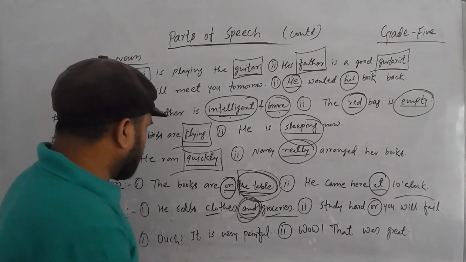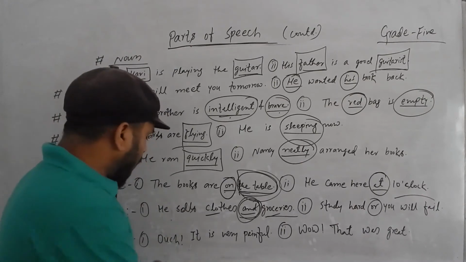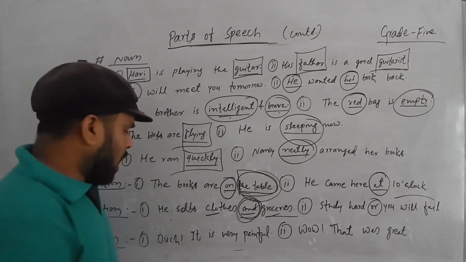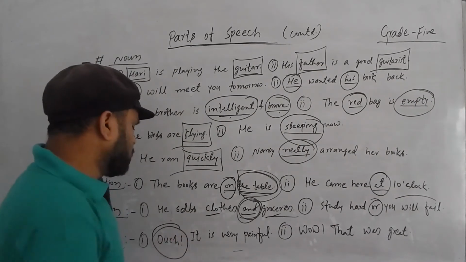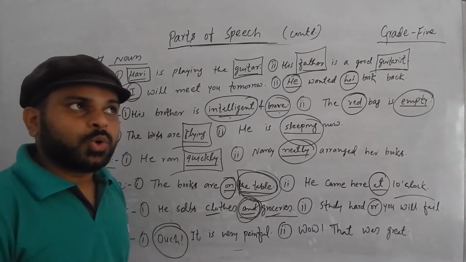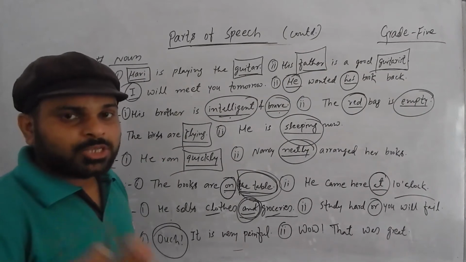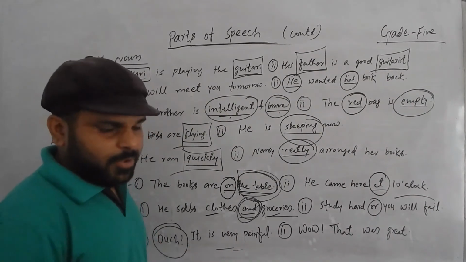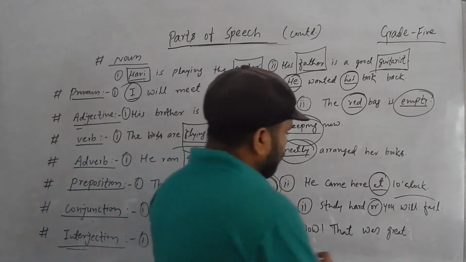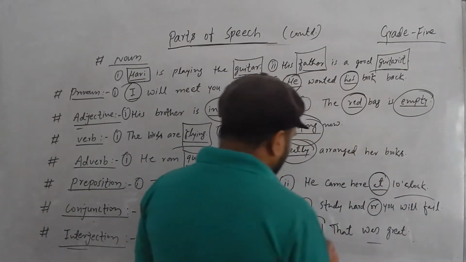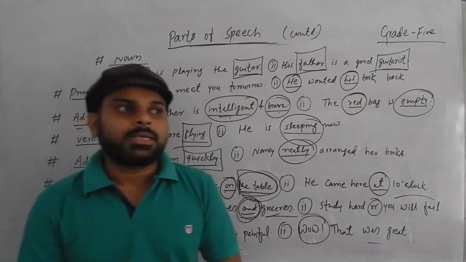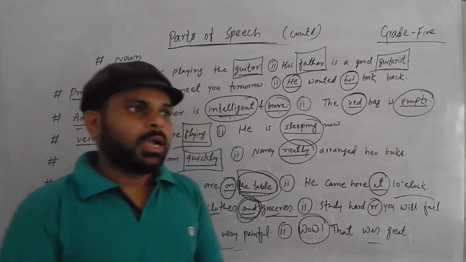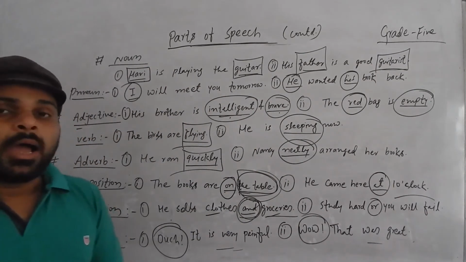Find the interjection word here. Ouch, it is very painful. Which one? Ouch, because it shows an expression, an emotion. Wow, that was great. Wow is the word that is showing an emotion.